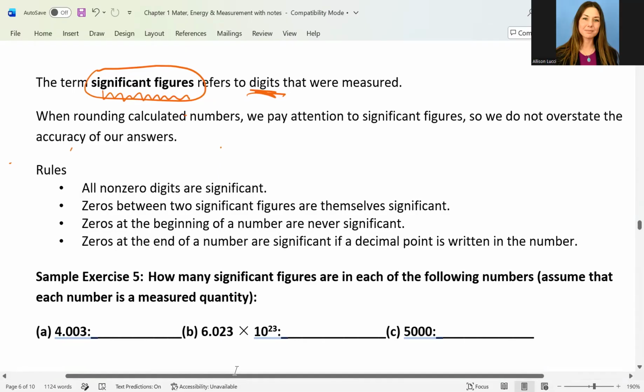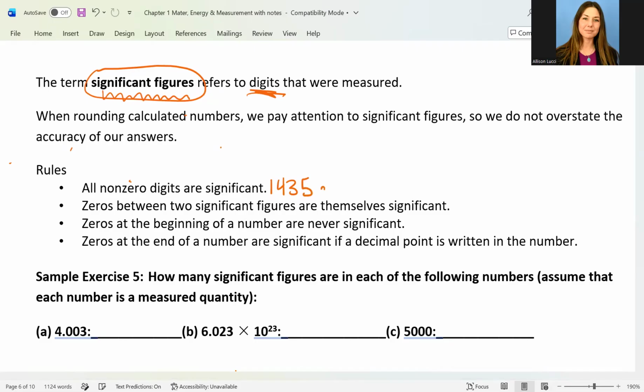Some rules noted here are that all non-zero digits are significant. So if I had 1,435 grams, all of those digits would be significant. So I would have four sig figs, we could say.